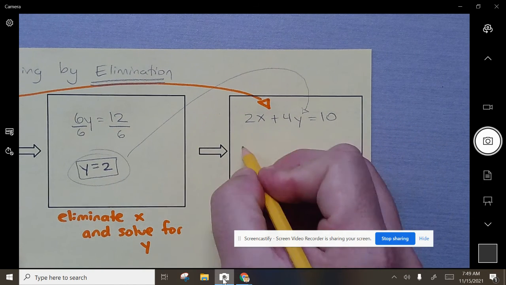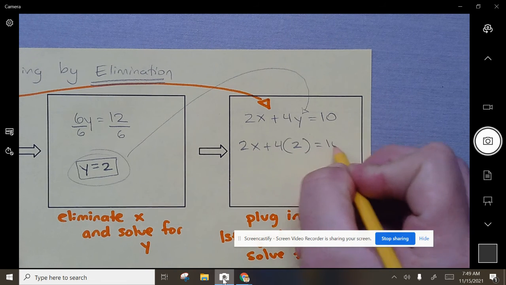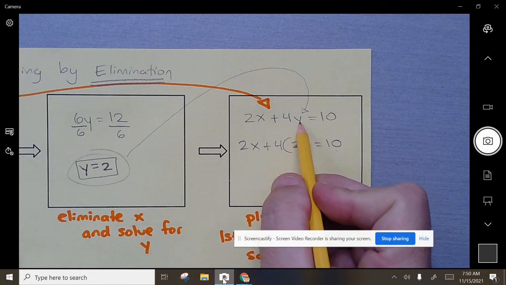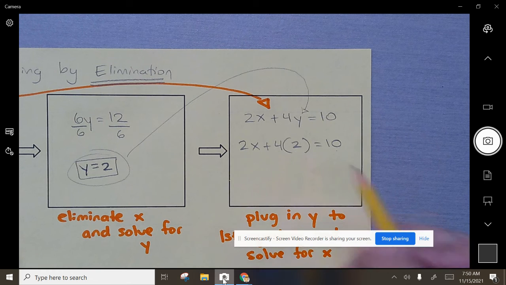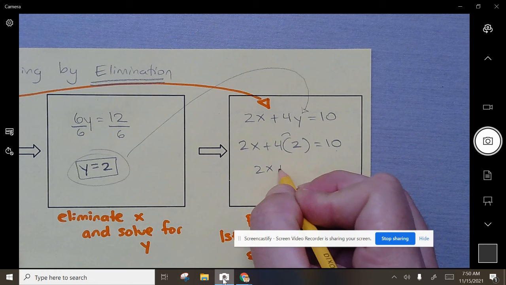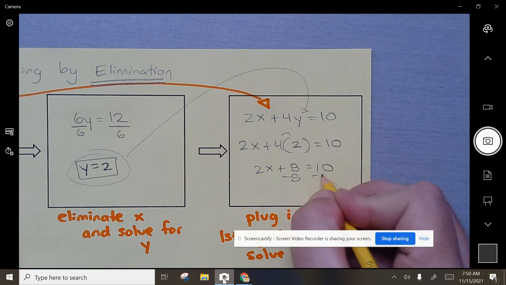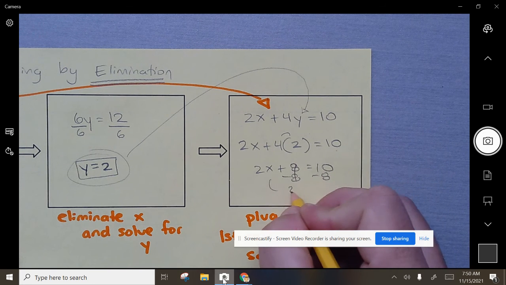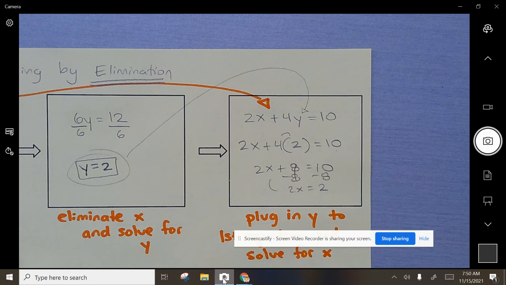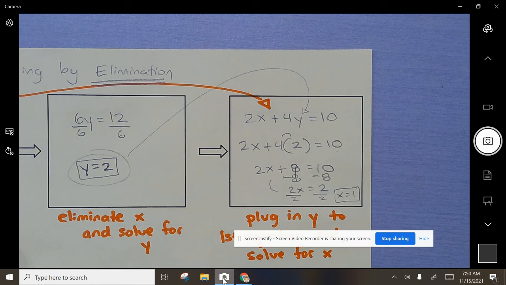So I'm going to rewrite 2x plus 4, and I put 2 in for y. And now let's just solve this two-step equation. So 2x, 4 times 2 is 8 equals 10. Subtract 8. 2x equals 2. X equals 1. Okay?